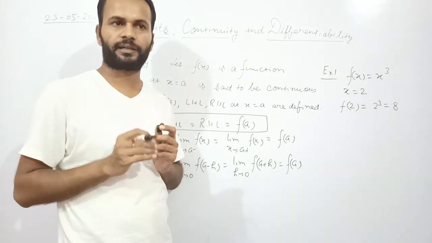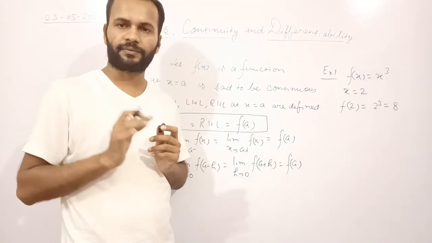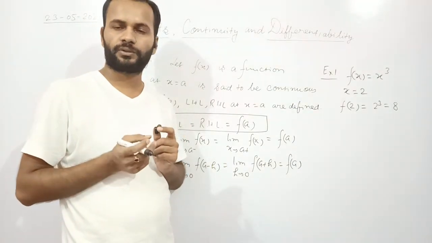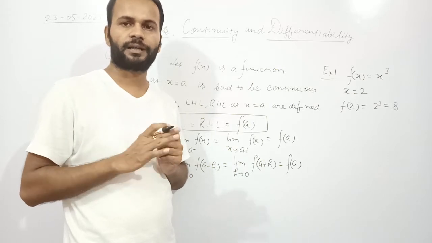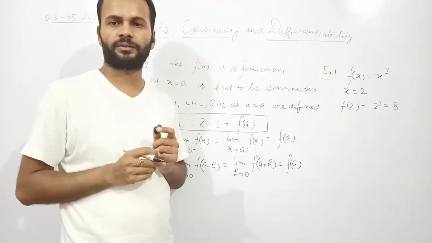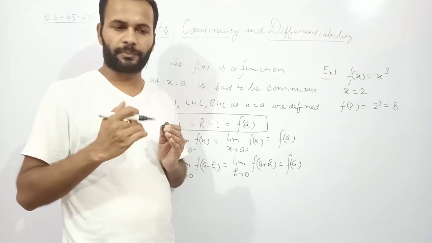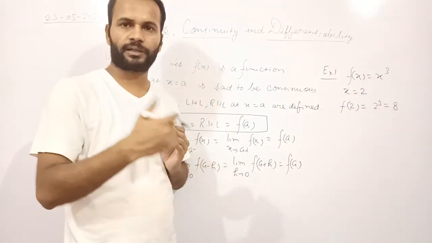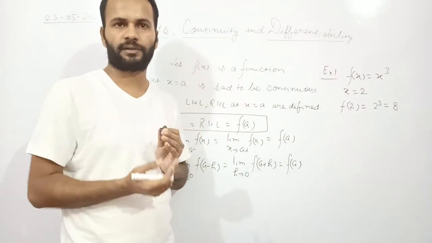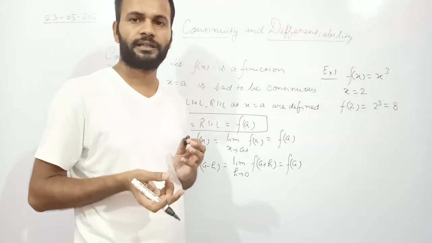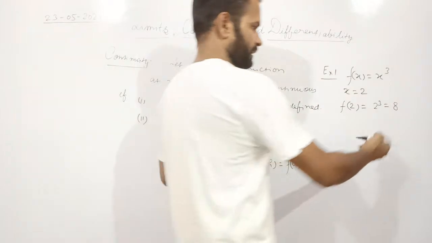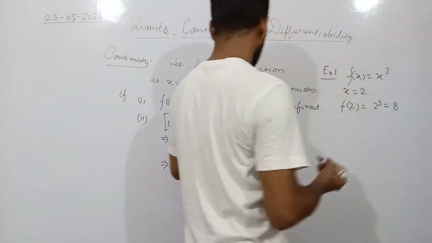We can only say that it is infinite, or 1 upon 0, or 0 raised to power 0. We cannot say this value is approximately that value, or more or less than that value. So these are indeterminate values. But this is 8, this is fixed.